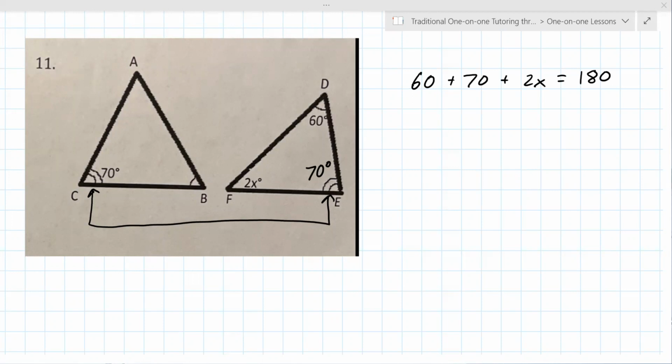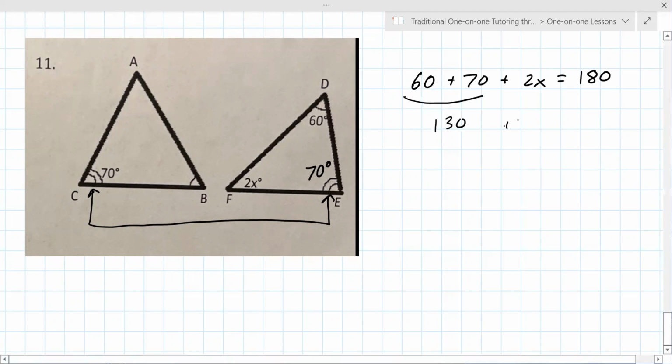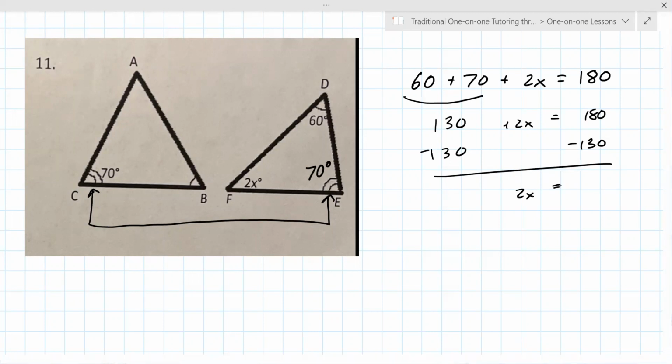What did you solve it for x though? 60 plus 70 is 130. And then you have to subtract by 180. So what does that become? Now 2x equals 50.